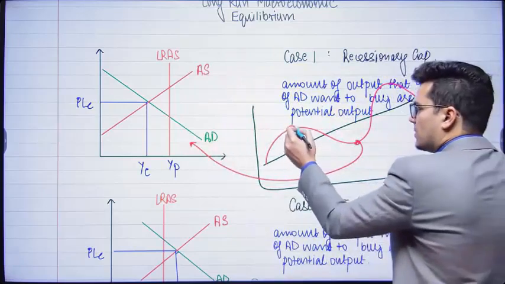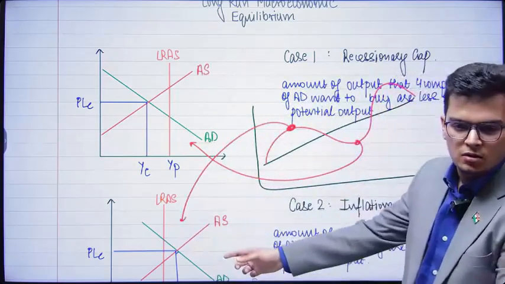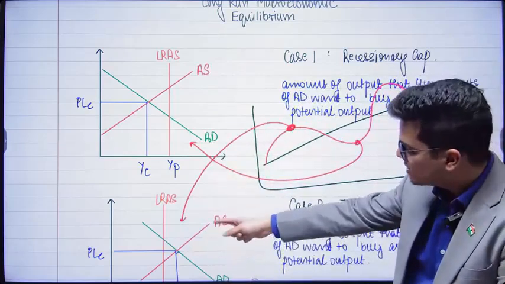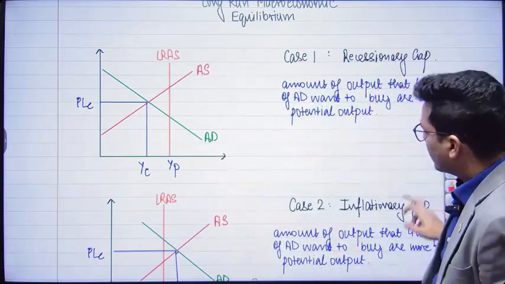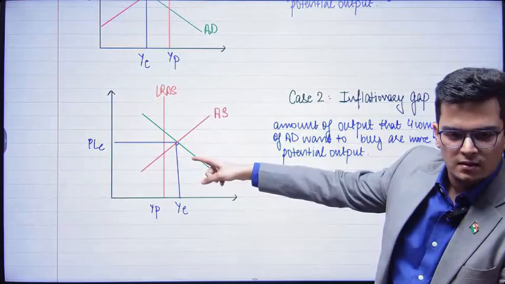सिमिलरली ये जो टाइम है बूम का टाइम है, बूम का टाइम से हमने ये लिंक किया था, फ्रॉम द बूम टाइम वी लिंक दिस which is inflationary gap, and at the time of inflationary gap this is what it looks like, right?